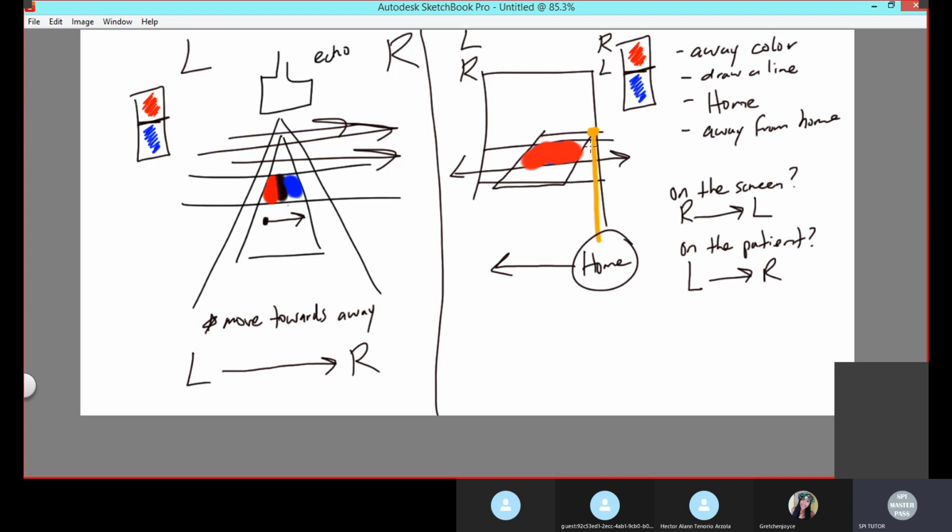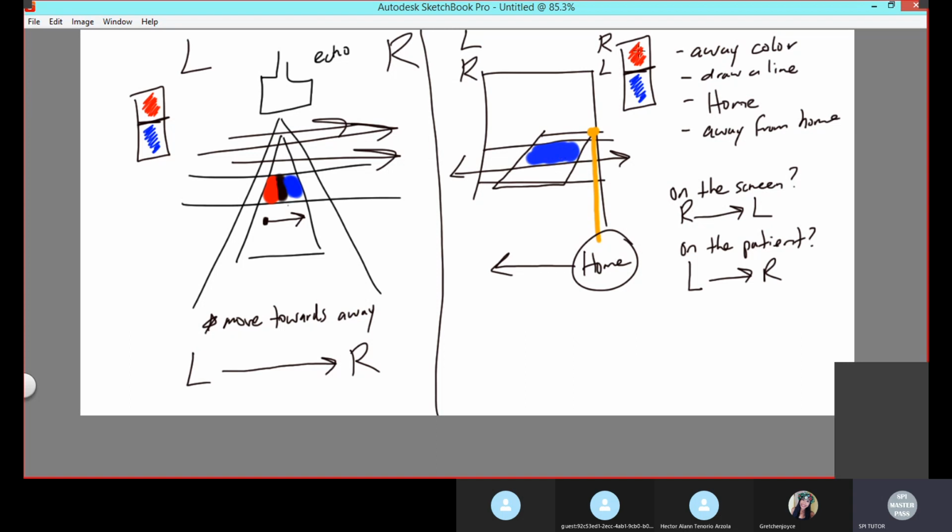But remember, your velocity map determines what goes inside your color box, not the other way around. And if you flip one, the other one automatically flips as well because one governs the other. So if I flip this box and put blue on top and red at the bottom, that blue that's going to be on top, now my color box is going to be blue. And I'm back to the same problem.